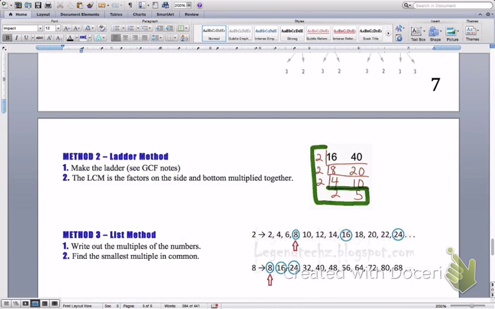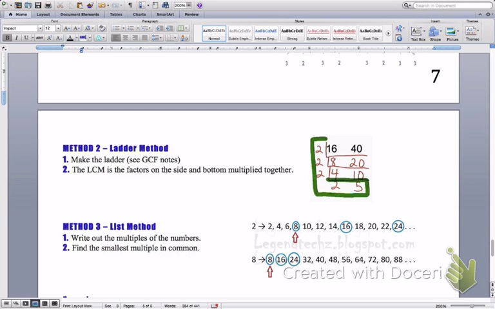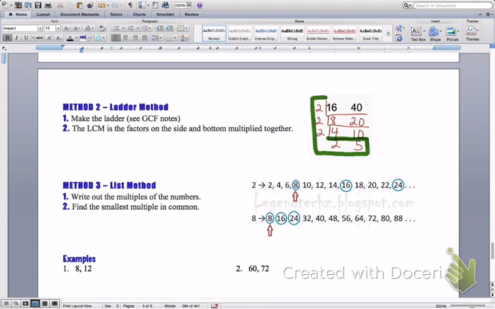So second method would be the ladder method, which works the same way as the previous method. The only difference is how we get our final answer. So you still make your ladder the same way, divide, divide, divide, all the way around. But this time, we know the GCF is the numbers on the left side, the 2 and the 2. But for the ladder method, you make the giant L all the way across.